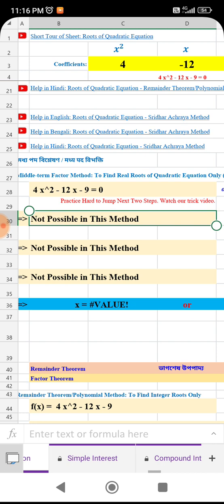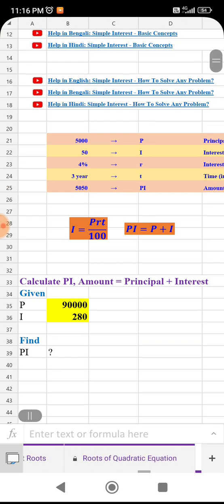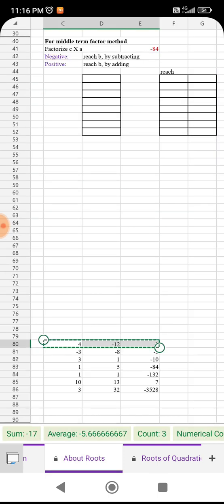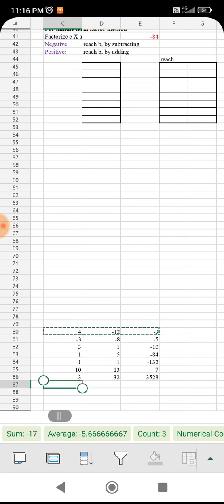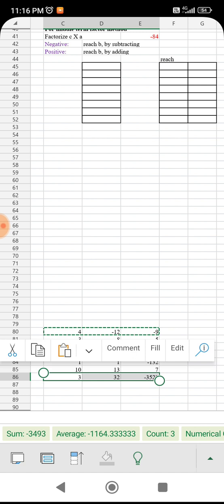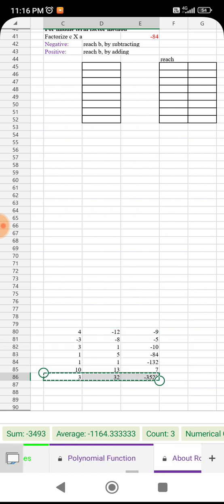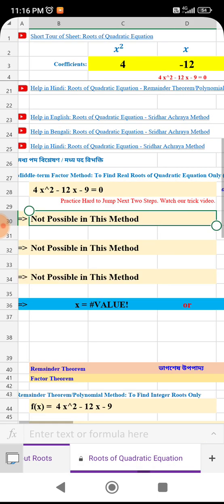Next, go for another number. Suppose I am taking a little hard number, a very hard number like this. Copy and then come here and paste these values.